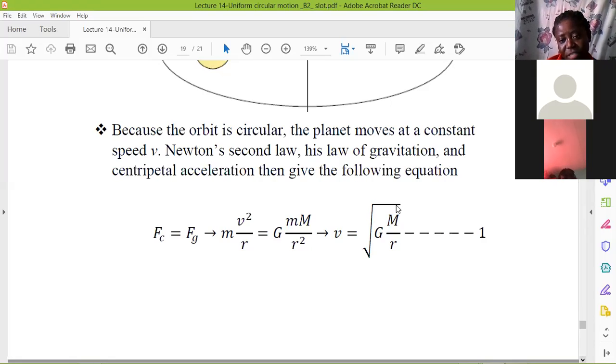So if this is the mass of the Earth, and another planet is rotating around the Earth, then the velocity it rotates with is equal to that.